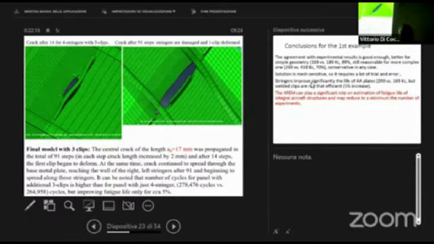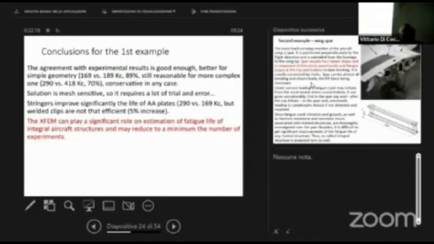So stringers are okay, they improve the life a lot, as you can see here, from 169,000 up to 290,000, but an additional 5% increase by these welded clips is not recommendable.